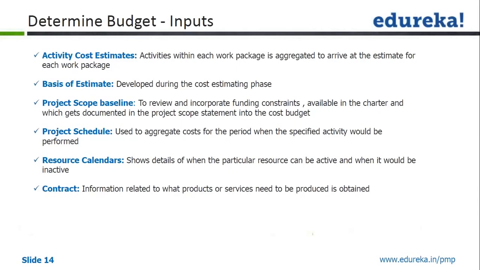The scope baseline has three components: project scope statement, WBS and WBS dictionary. The scope statement is also compared with the project charter, and it has funding constraints that may come directly from the customer or management, which will be used from the project scope baseline while determining the budget.